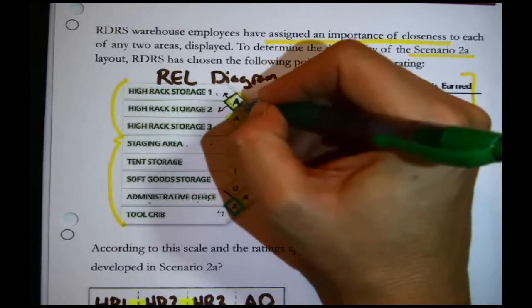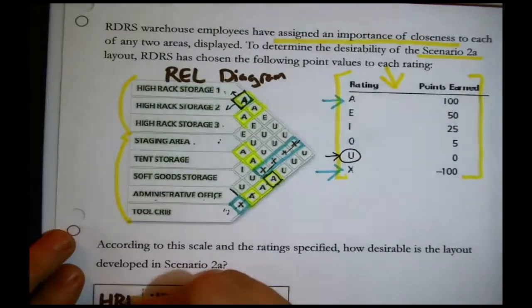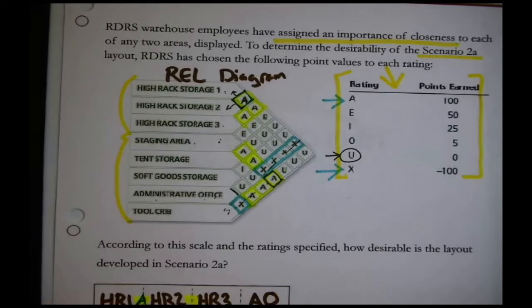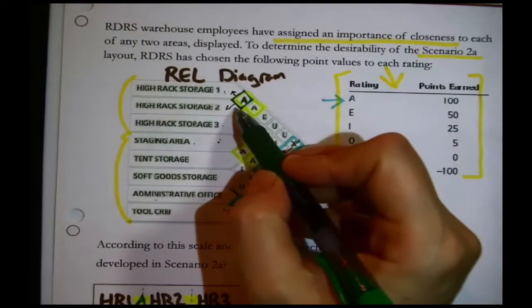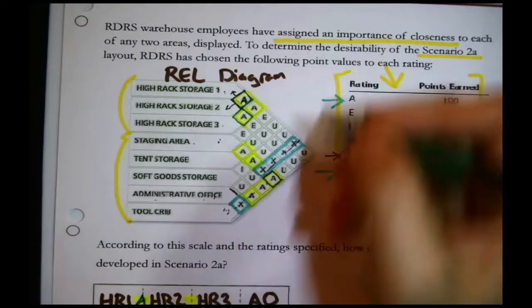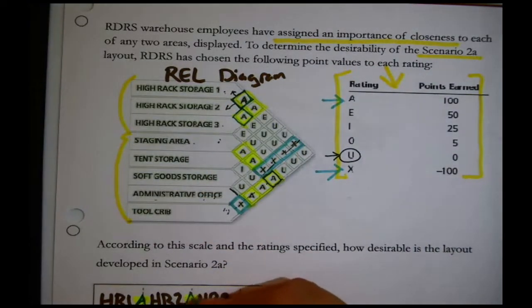They have a closeness rating of A. They do want to be neighbors, very much so. Oh, that's good, they are. All right, fine, just note that. And then the same thing with HR2 and HR3, their shared rating is also an A, and that makes us happy, because that's good.